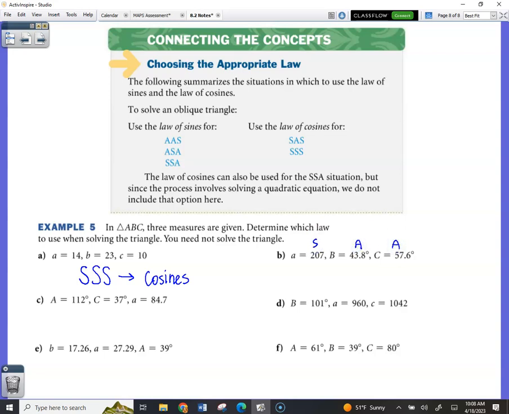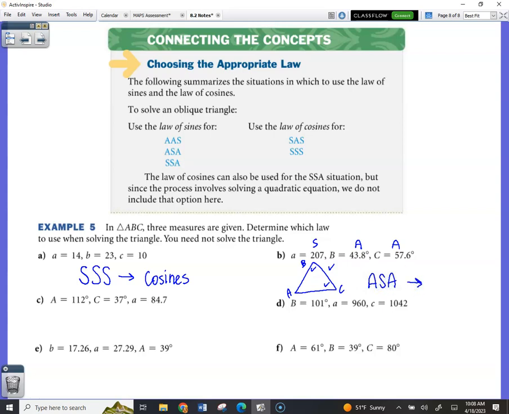Now we don't necessarily know what the arrangement is, so you could draw a triangle, label it A, B, C, and then just put a check mark where you're given something. I'm given side A, angle B, and angle C. And then if I look at my picture, I can see that this is an angle, side, angle problem.